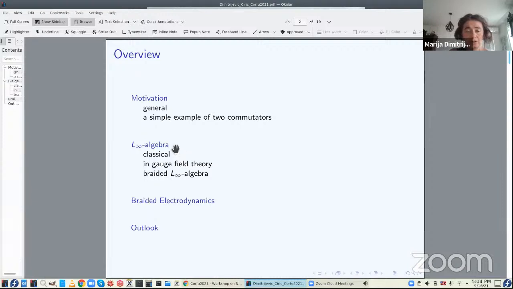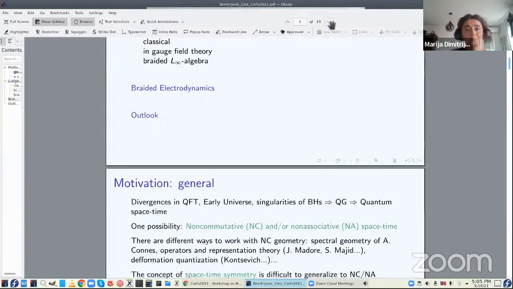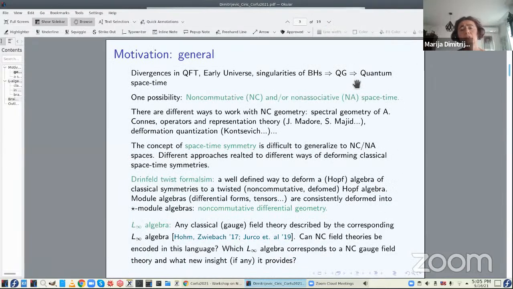So I'll be very brief about this classical part, but then I will explain, or at least try to explain, how we deform this concept and adjust it somehow to the non-commutative field theories, and that will be something that we call braided L-infinity algebras. And then finally, I will give an example of braided electrodynamics as a non-commutative braided field theory that is related with this concept.